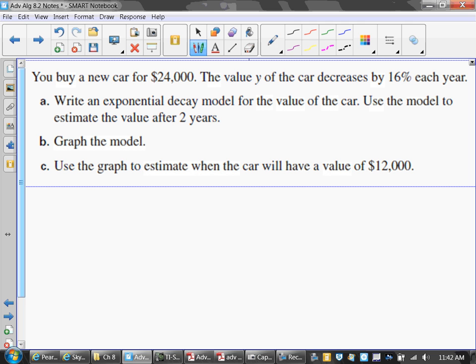Usually speaking, there are some cars that depreciate faster than others. Ones that hold the resale value the best, you'll figure this out once you all get ready to save your money for cars, are usually your Toyotas and Hondas and stuff like that. Those generally hold their values really well.